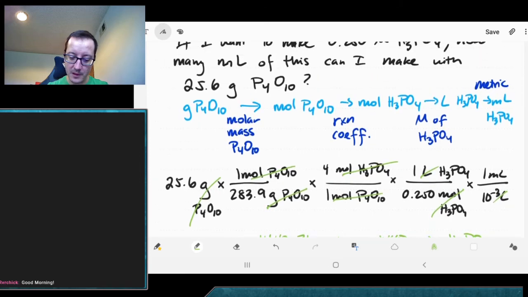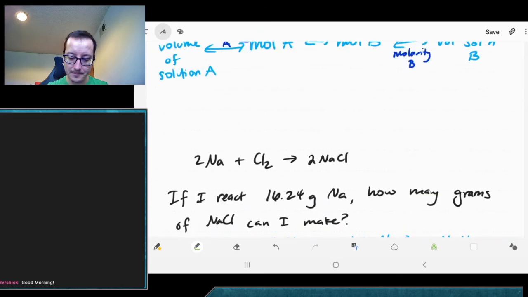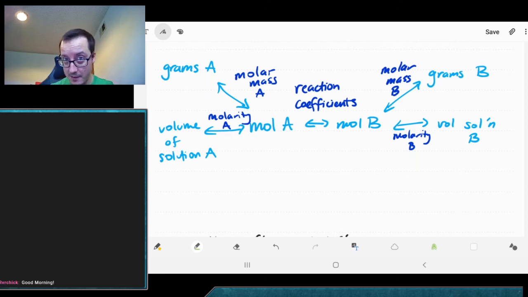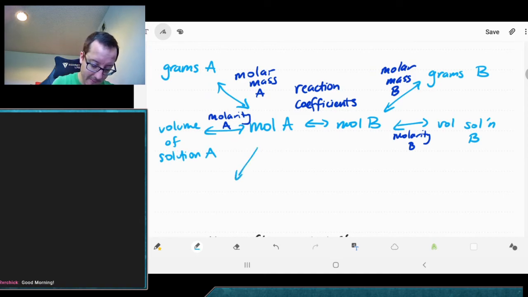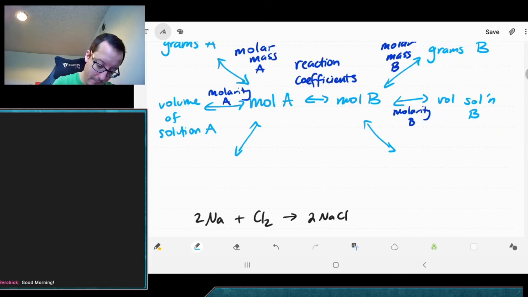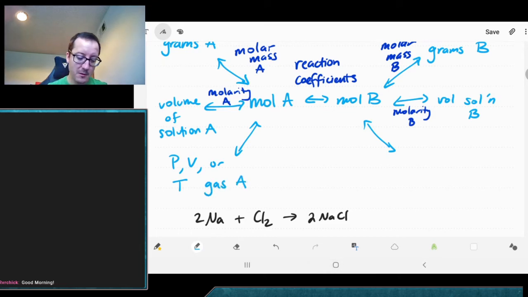So, if we scroll up though, I have left some space because we do have one last bit here that we can talk about. Perhaps we remember we have gases too we can deal with. So we can deal with any sort of pure substance, so solid, liquid, or gas, we can do grams of.